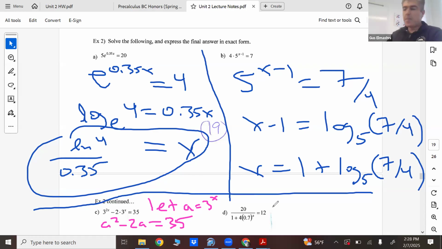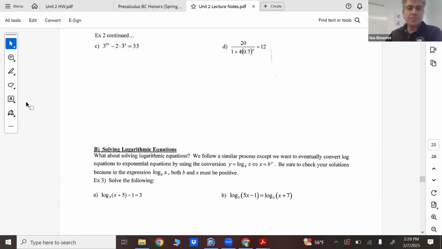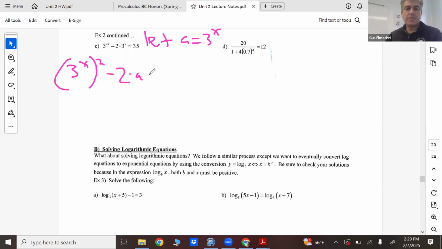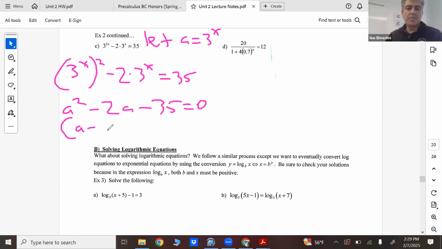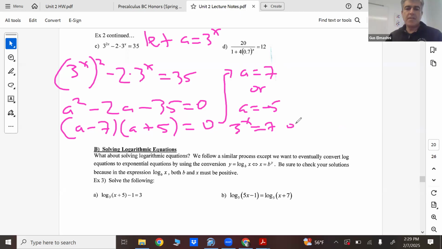You may want to cross multiply for D as your first step. Yeah, that'd be extraneous.